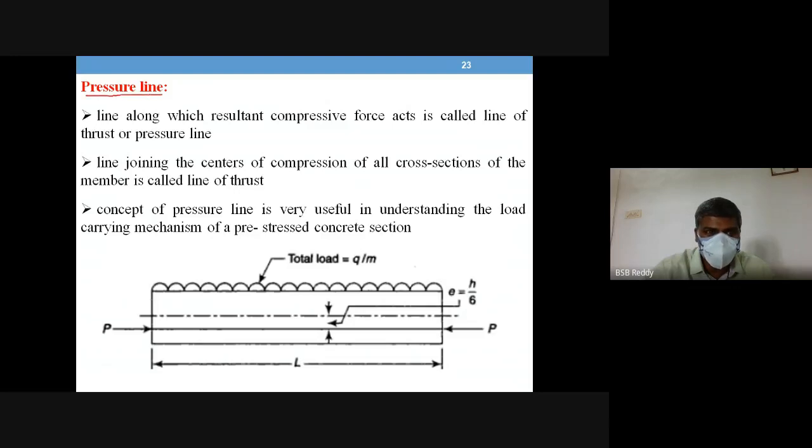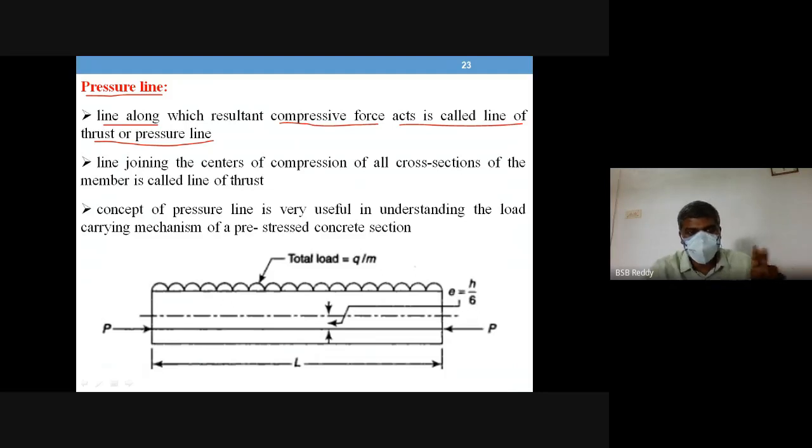What is a pressure line? The line along which the resultant compressive force acts is called line of thrust or pressure line.